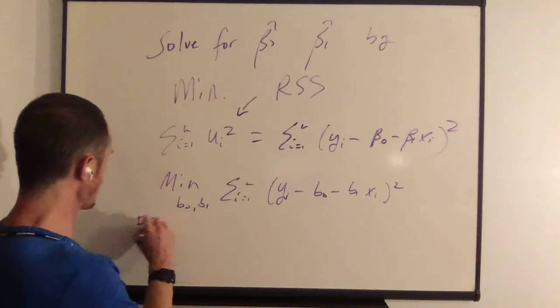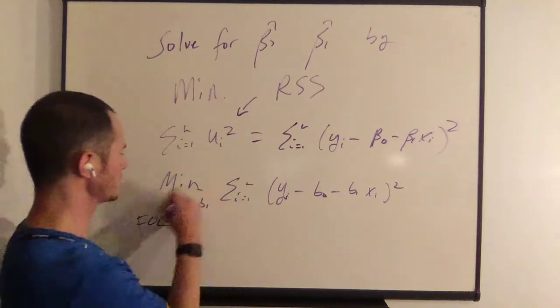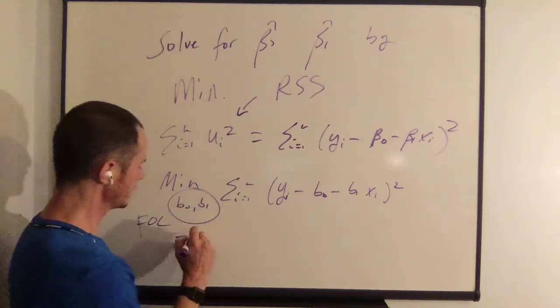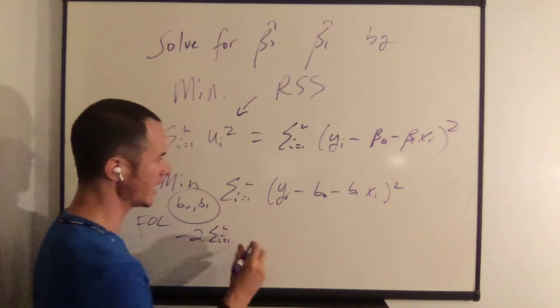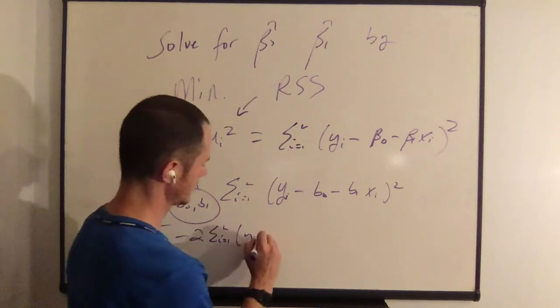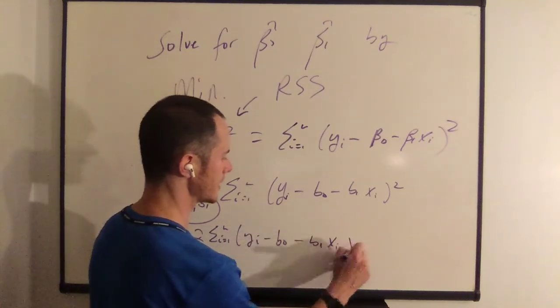Let's real quick go over the first order conditions. We have two of them because we are minimizing with respect to two variables. The first order condition is -2 times the sum from i equals 1 to n of yi minus beta naught minus beta 1 times xi, right?